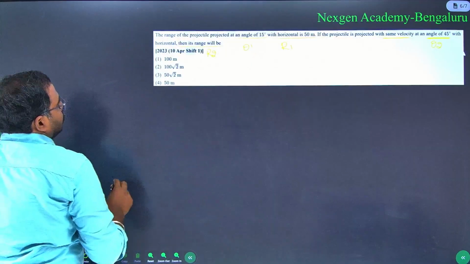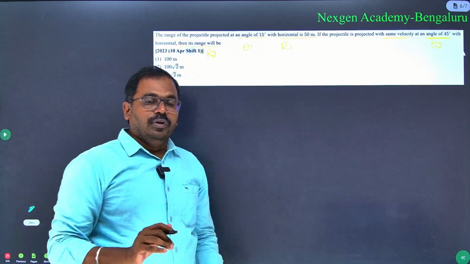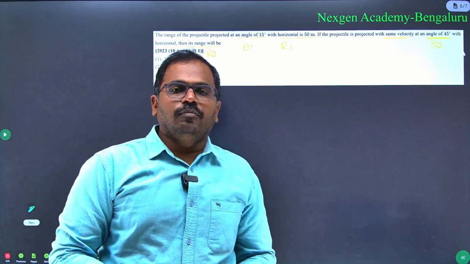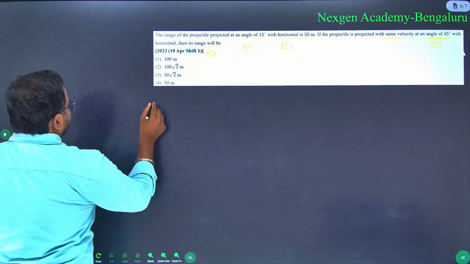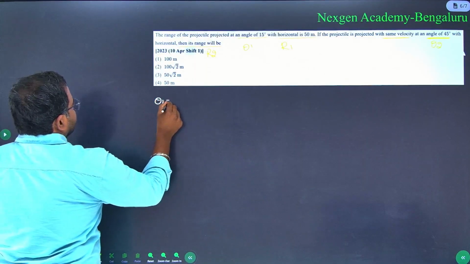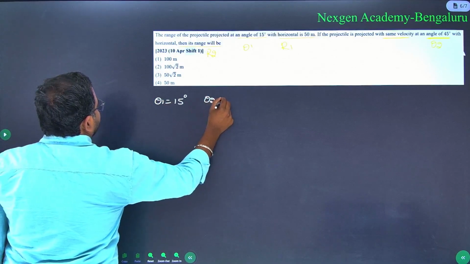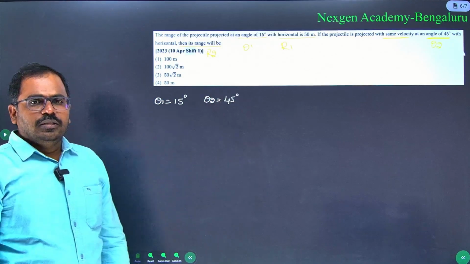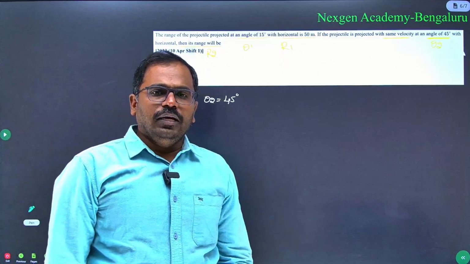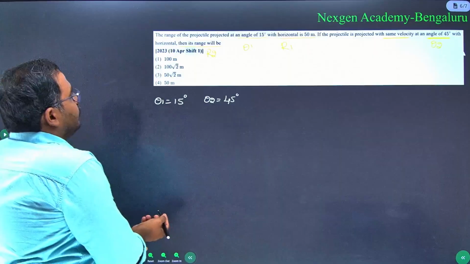R1 and R2 will be the same for complementary angles, but we need to verify whether the angles are complementary or not. These two are not complementary because theta 2 is not equal to 90 minus theta 1. So we cannot say these are complementary angles. So the usual formula we have to use.